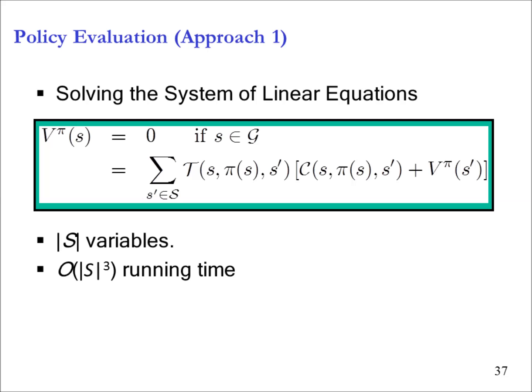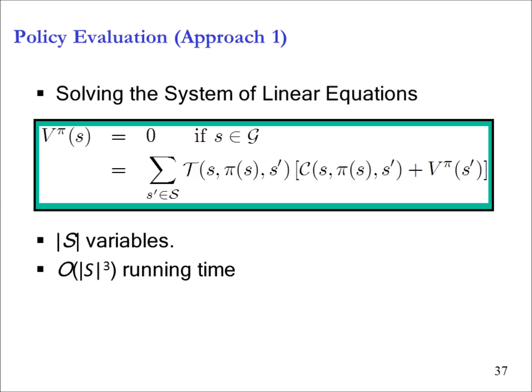So what's happening? Okay, so I am in state S. I take the action that my policy tells me, which is pi s. I reach state S prime. I pay some immediate cost, which is defined by my input, cost of taking action pi s in state S and reaching S prime. This is my immediate cost. Then I'm going to pay more cost starting in S prime.